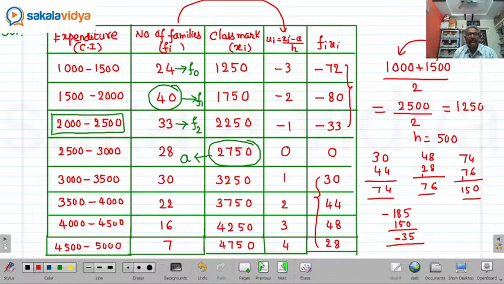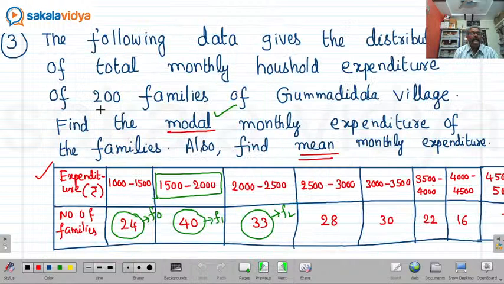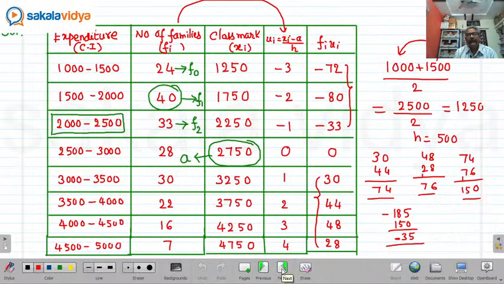Total number of families is 200. This is sigma Fi.